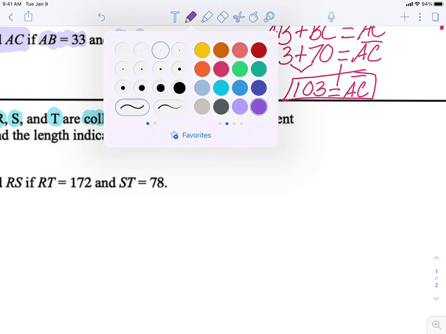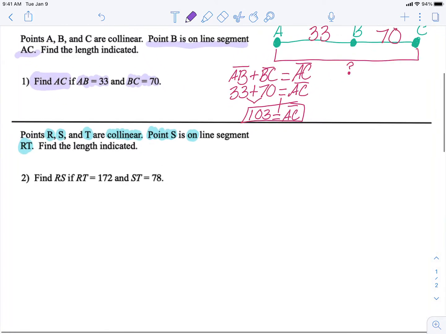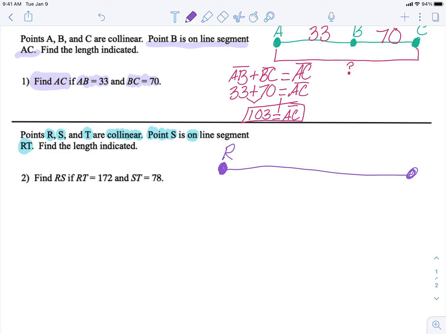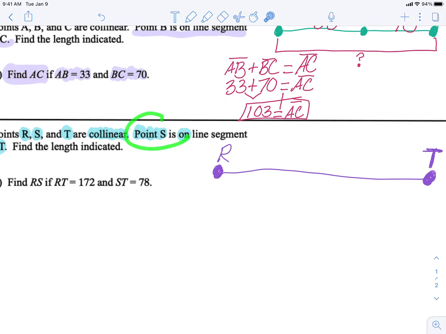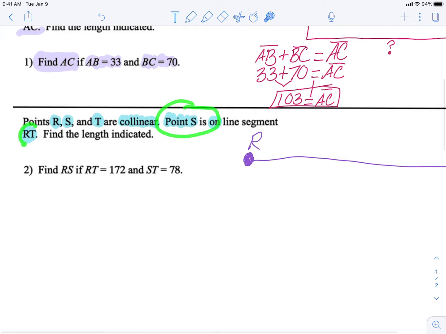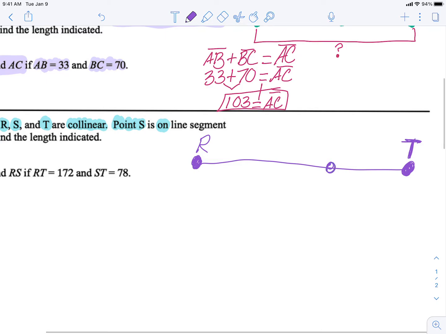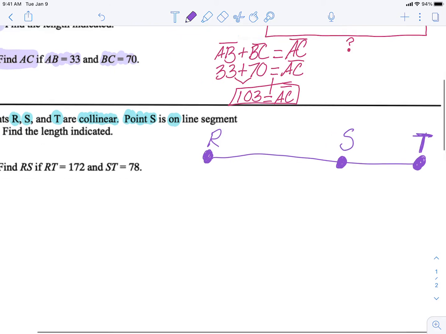Let me pick another color here. So this is R, and that goes to T. That is segment RT. It says point S is on line segment RT. So that means that somewhere here is S.